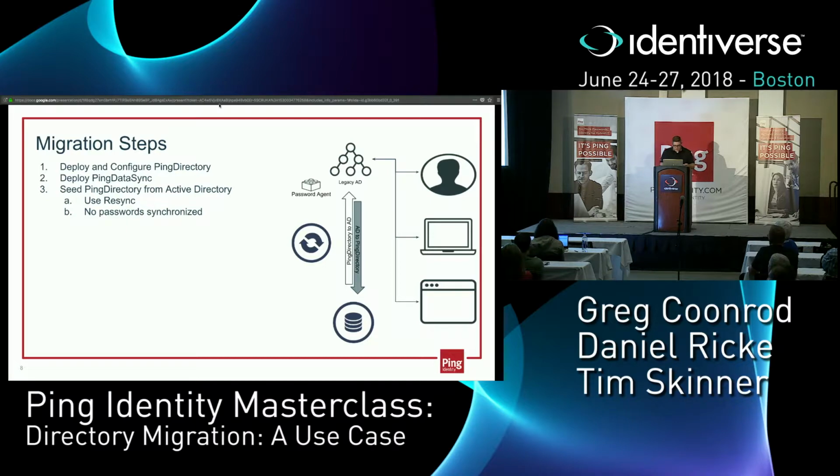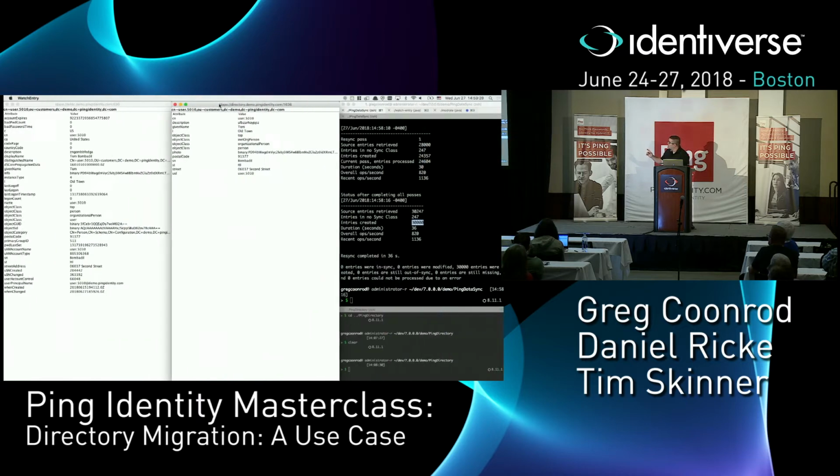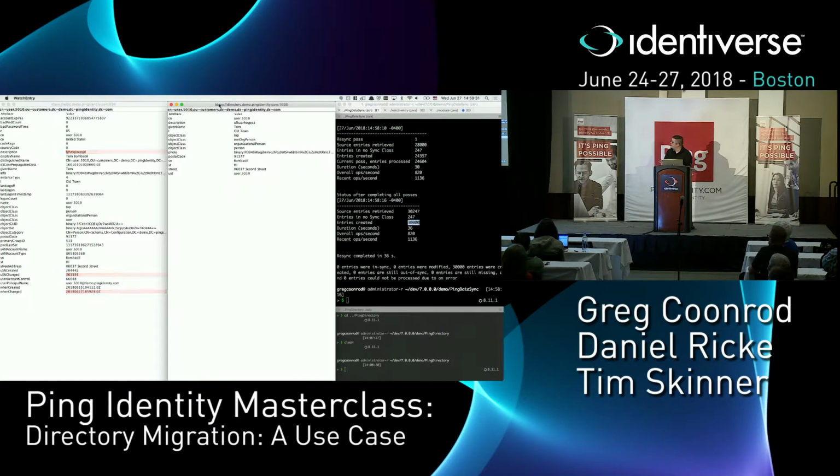All right, now that we've done our initial bulk import, we can turn on real-time sync and begin synchronizing user modifications and passwords. Before I do that, one thing I did want to mention, you'll notice there is no user password attribute shown on the PingDirectory, and like I said, AD does not provide us access to that in a read manner.